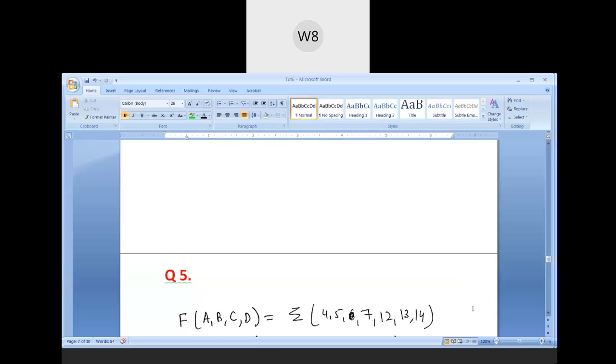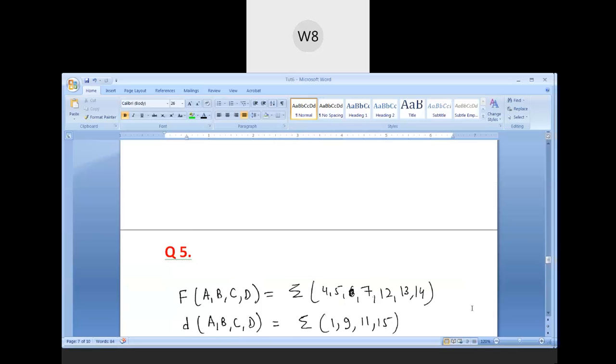For those input conditions, we explicitly say that we don't care what the value of the function is. For example, for min terms 1, 9, 11, 15, the function can be assigned either value 0 or 1. The real life scenario is not going to get affected.